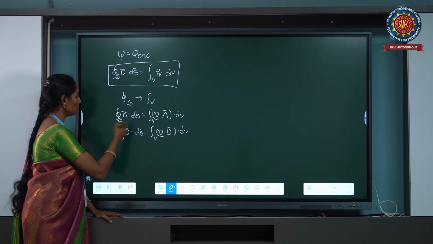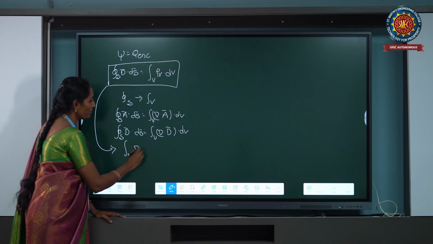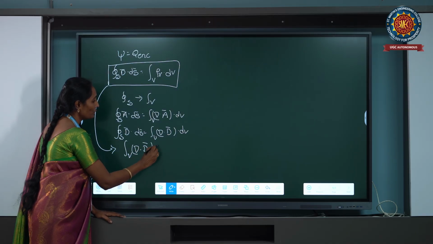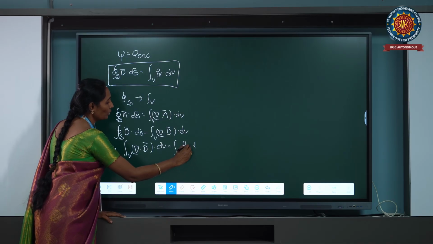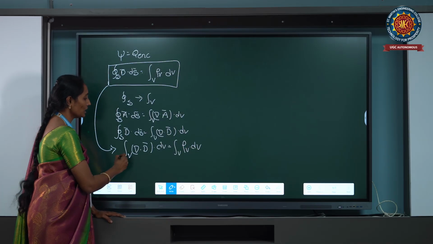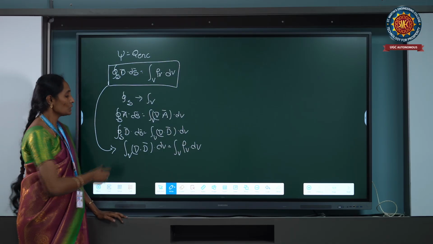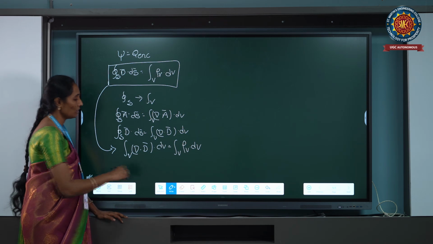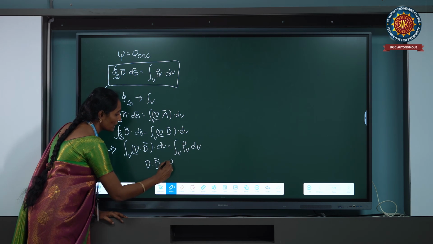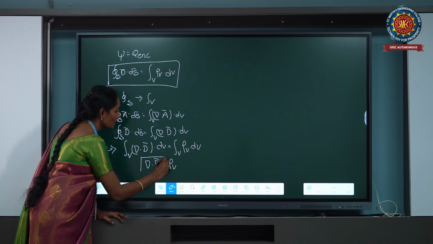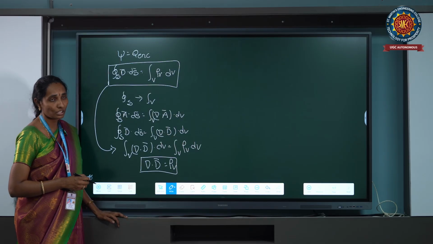According to this integral equation, the volume integration of del dot D bar into dv is equal to the volume integration of rho v into dv. Both sides have the volume integration, so we can cancel it. Then finally we get the equation del dot D bar is equal to rho v. This is the differential form or point form of the Maxwell equation.